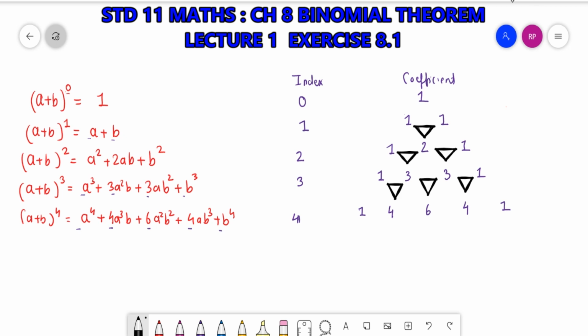This is the pattern. Now see here, at the top of this triangle it's 1, and here it's 2.